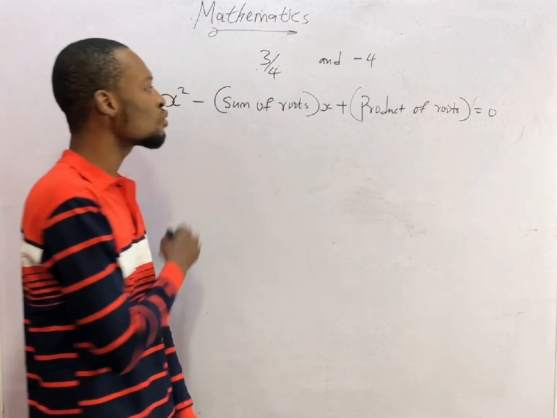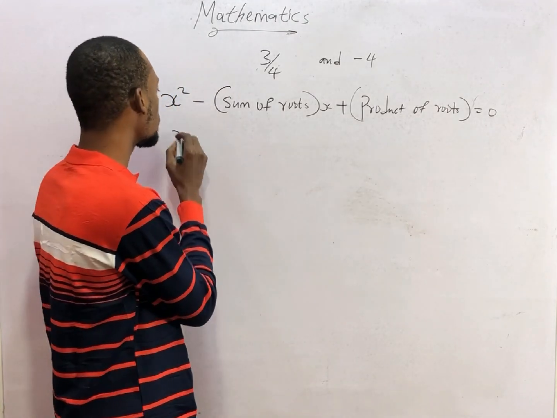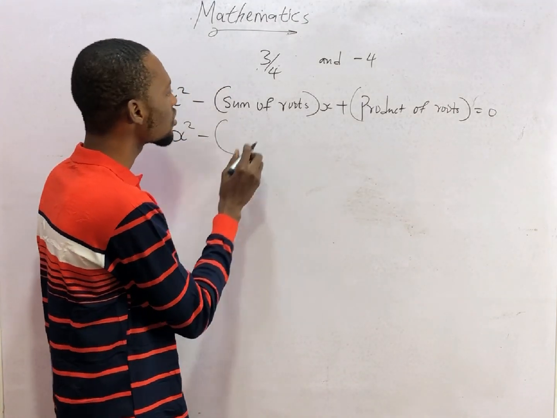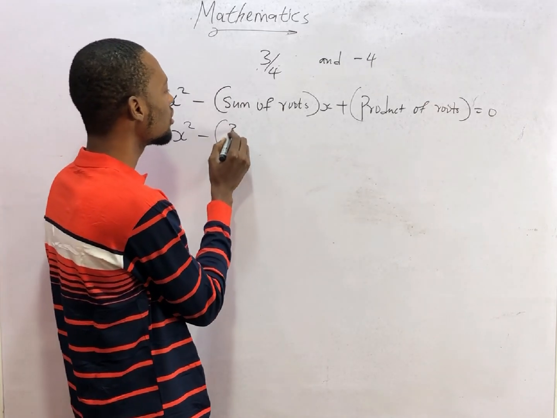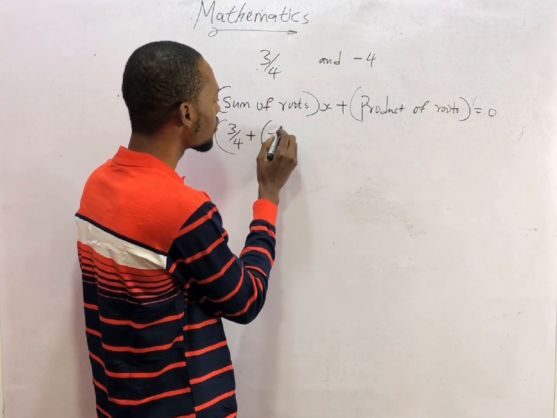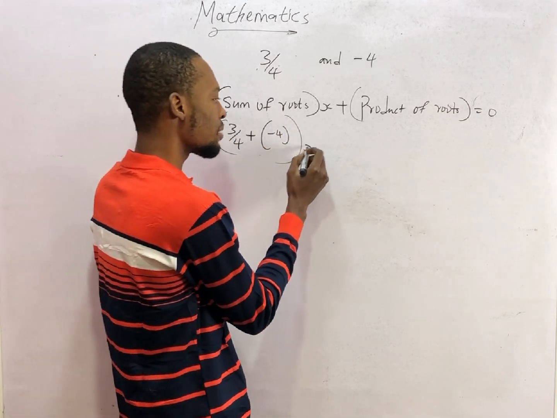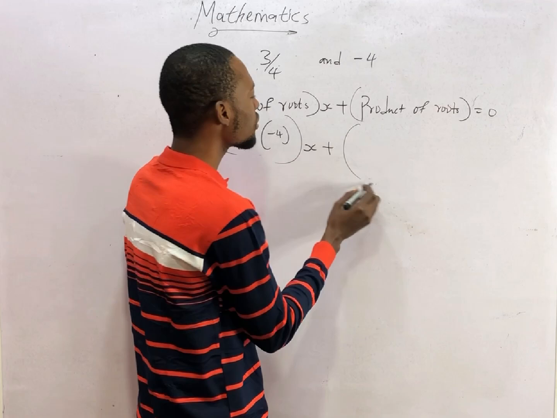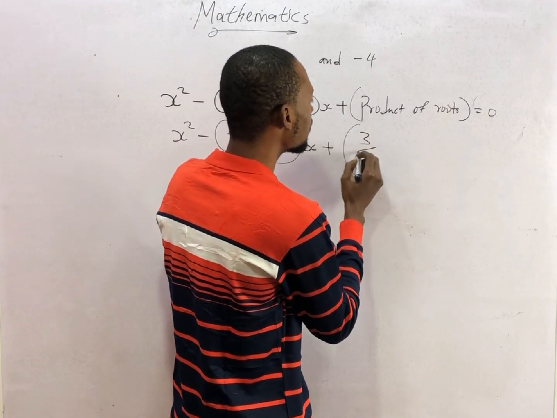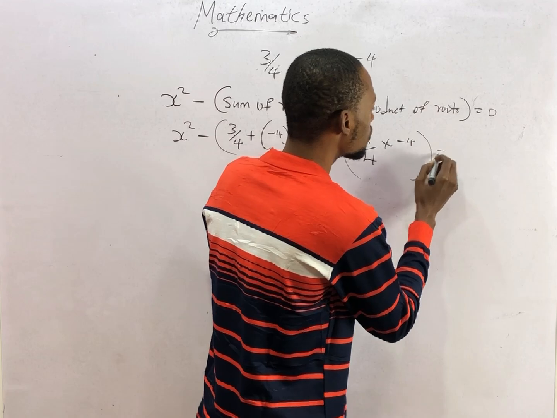This is the formula for getting quadratic equation from given roots. x squared minus sum of roots is simply 3 over 4 plus minus 4. This is the first root, this is the second root. You add them times x plus product of roots, 3 over 4 times minus 4, is equals 0.